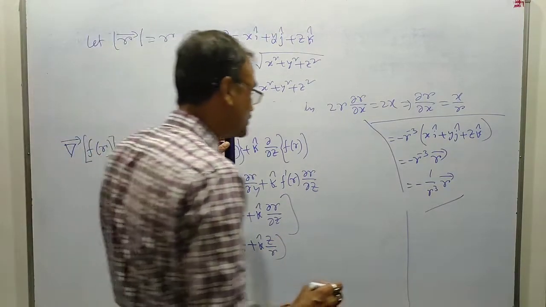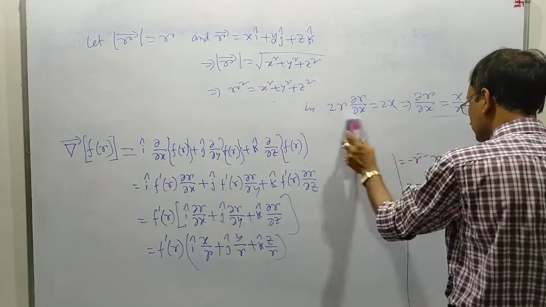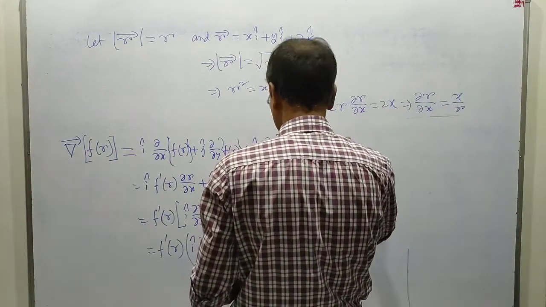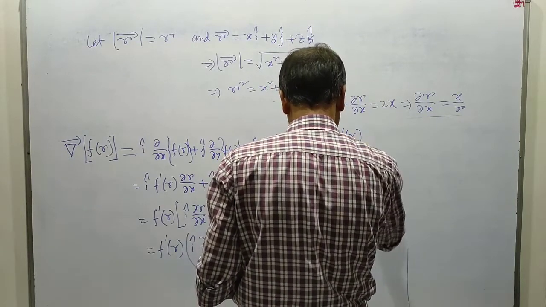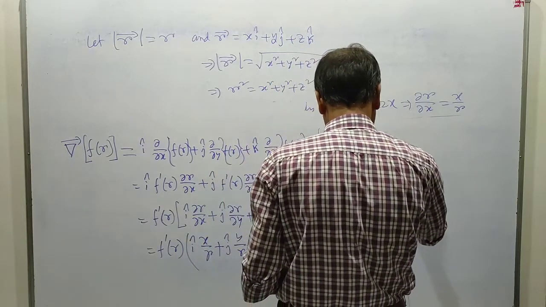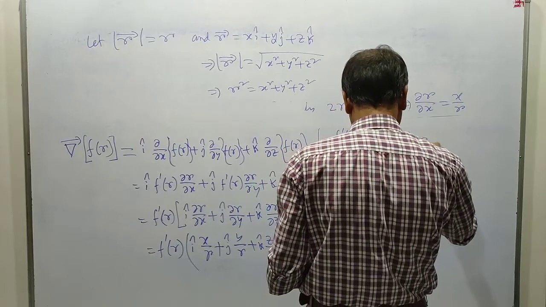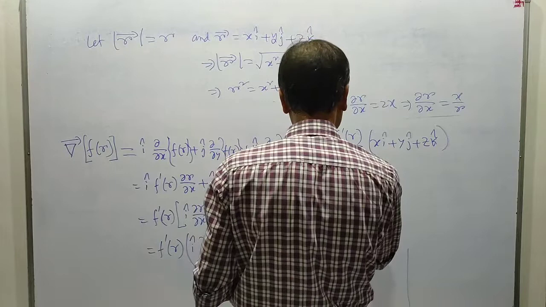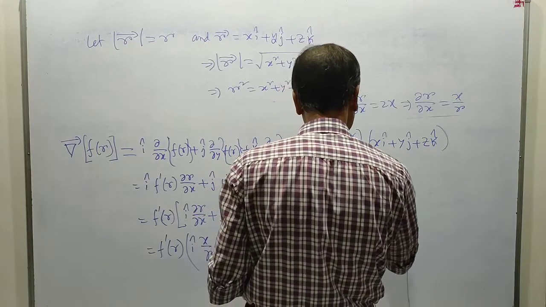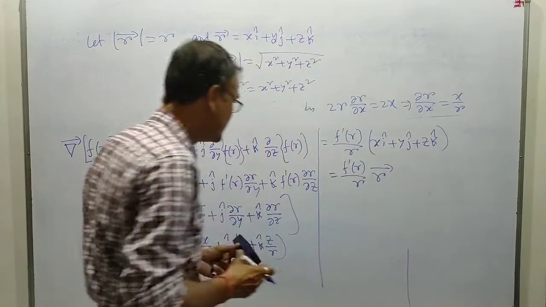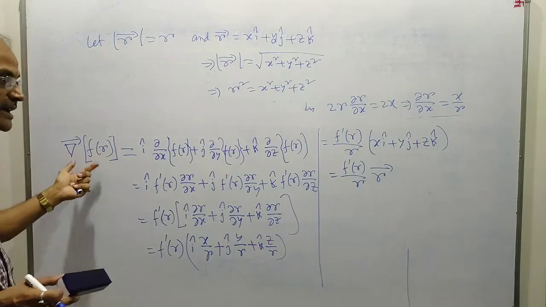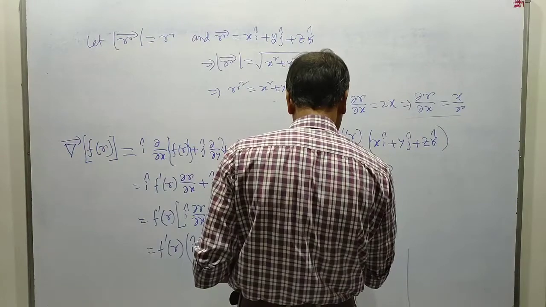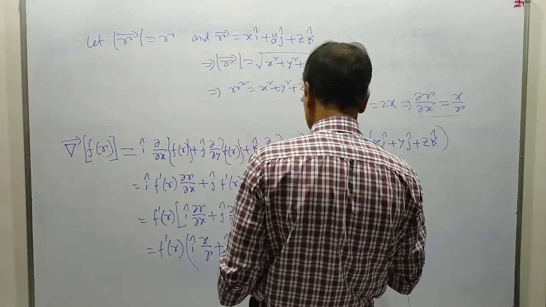This is equal to f dash r divided by r times x i cap plus y j cap plus z k cap. This is equal to f dash r divided by r times r vector. Gradient will always be along r vector. Thus, corollary.